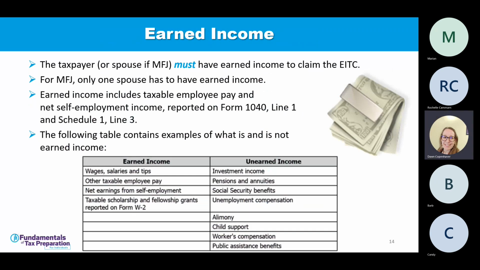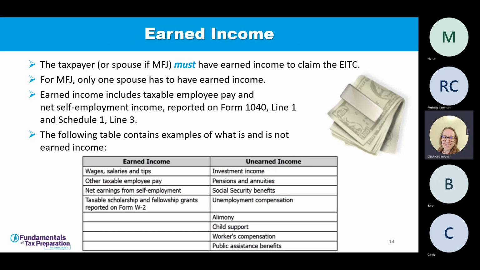Okay, earned income. The taxpayer or spouse in a married filing joint return must have earned income to claim the credit. Only one spouse has to have earned income. So if one spouse stays home and takes care of the kids and the other one works, that's okay. They just have to have some earned income in order to qualify for the credit.